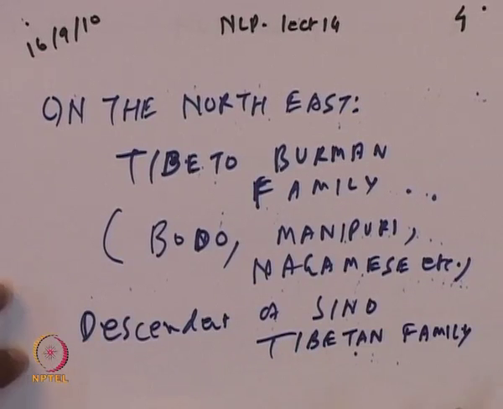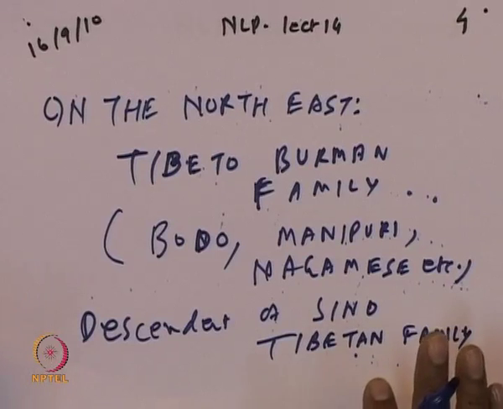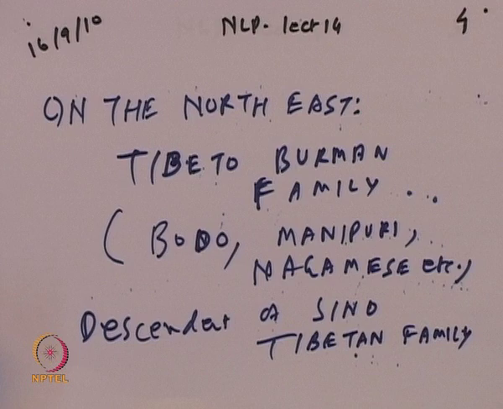All right. So, this covers the major languages of the country: Indo-European in the north, Dravidian in the south, and Sino-Tibetan or Tibeto-Burman in the northeast.